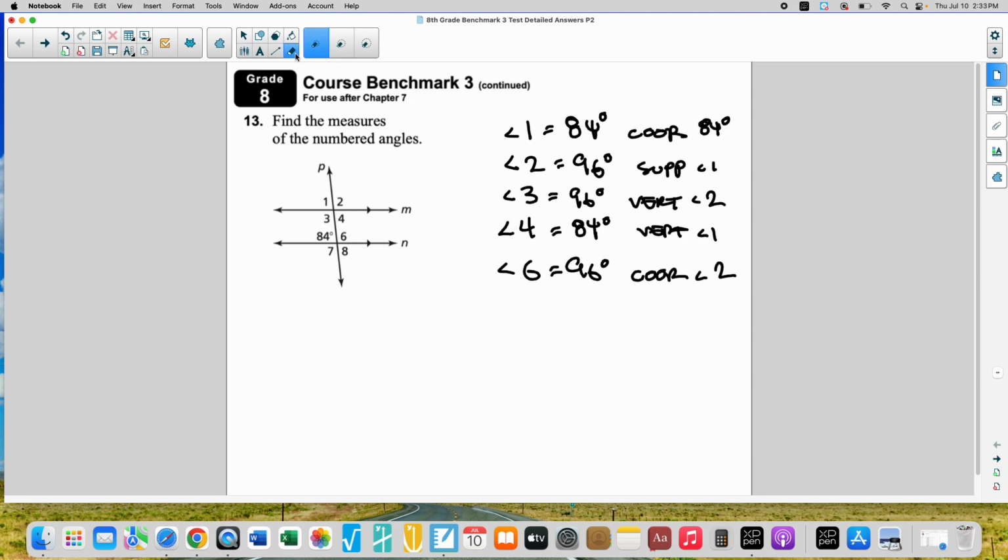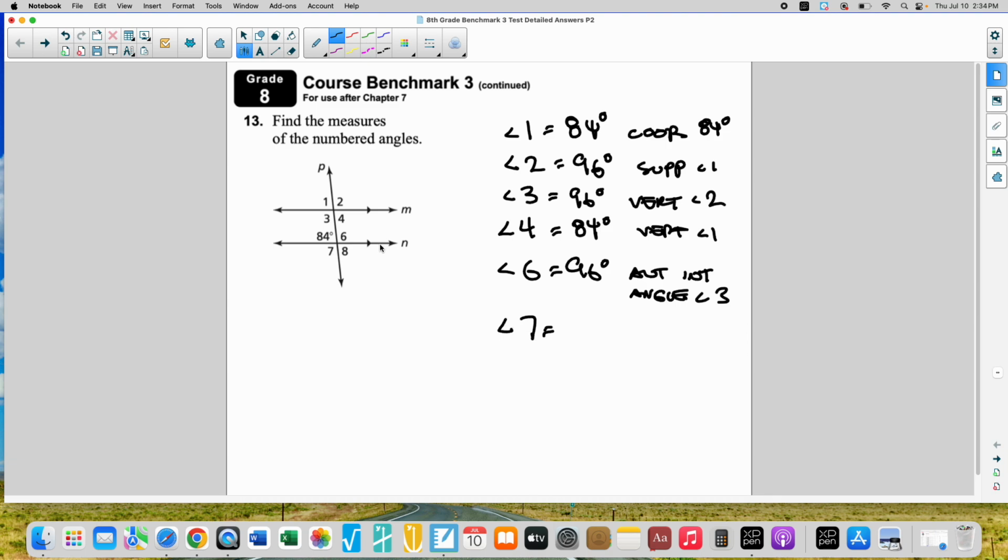We already have a corresponding example, so let's label this as alternate interior angle to angle 3. It alternates on the transversal, and it is interior to the two parallel lines. We have two parallel lines and a transversal cutting through.